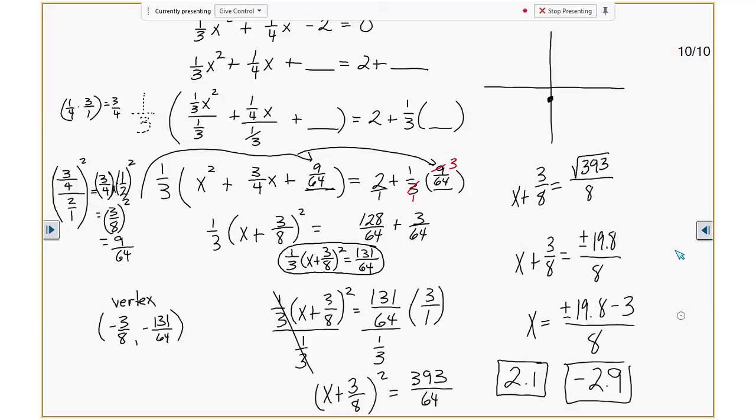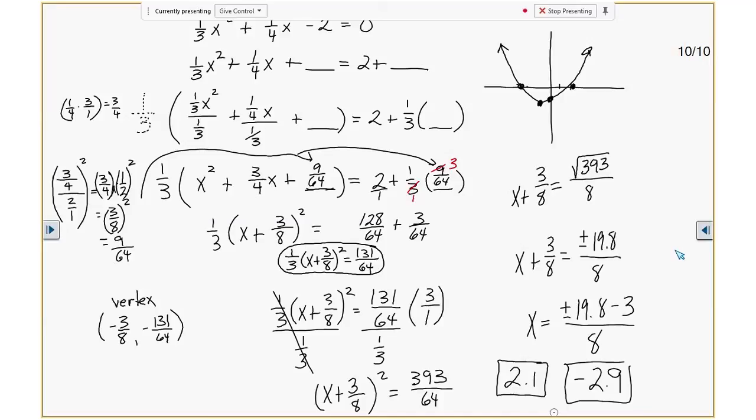Vertex of -3/8, which is -4/8, which is -1/2. And 64 is 1/28, so that's going to be -2 and something. So -2, it's going to be a little bit like this. Something like that. And 2.1 on one side. And -2.9. Why is it so wide? It's a fraction. A is a fraction between 0 and 1. That's why it's wide.